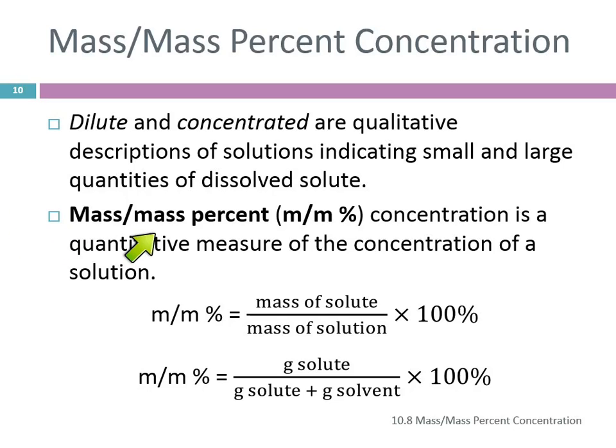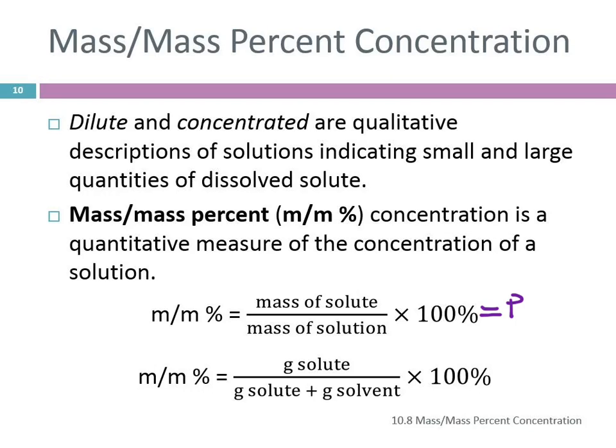So a mass percentage compares the mass of solute to the mass of the solution. So a mass percent is mass of solute divided by mass of solution. I've told you before that the percentage is the part over the whole times 100, right?